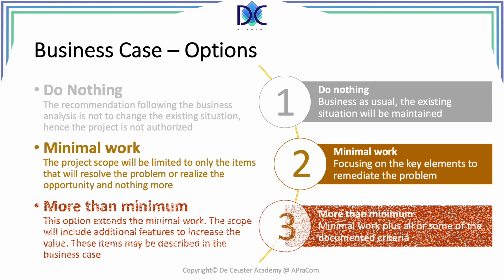We can do more than minimum, so we do some additional features that will increase the value. These items may be described in the business case. We may do something extra. We will provide that open roof, or we will provide some additional elements. And sometimes these elements can be important, but of course they also come with a cost.